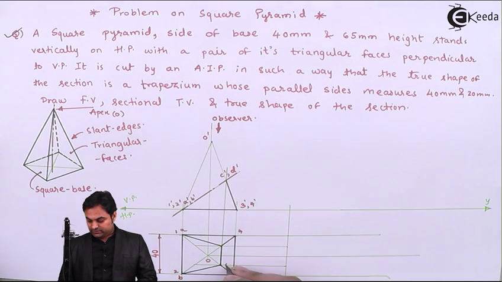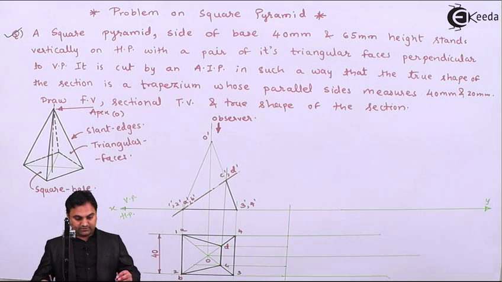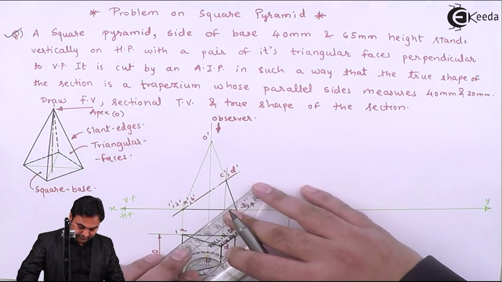So C and D. Then after this, drawing the section lines through it, inclined at 45 degree.